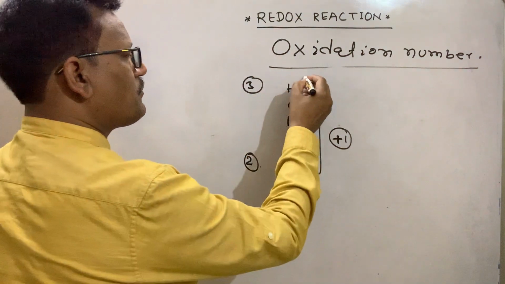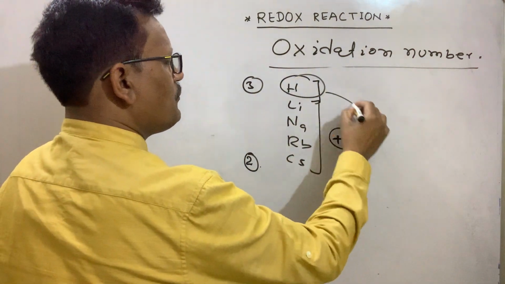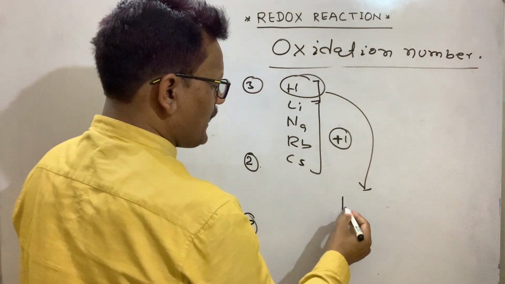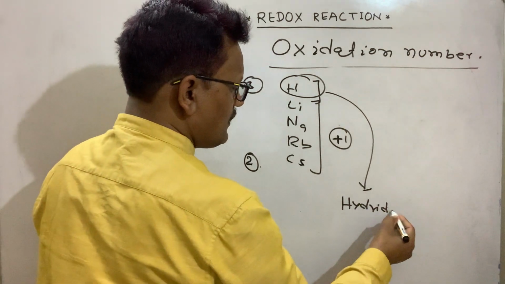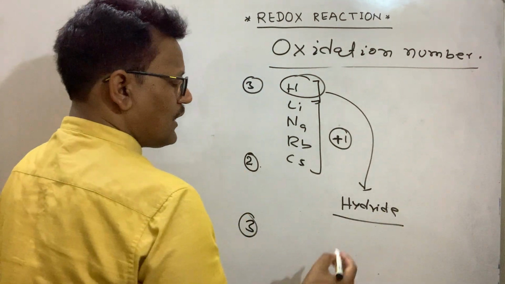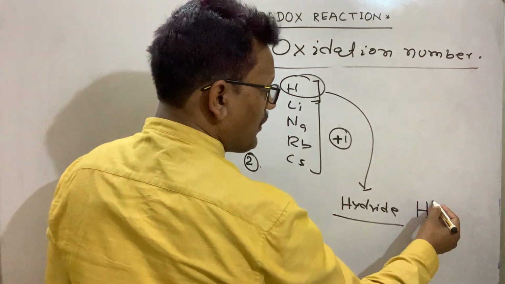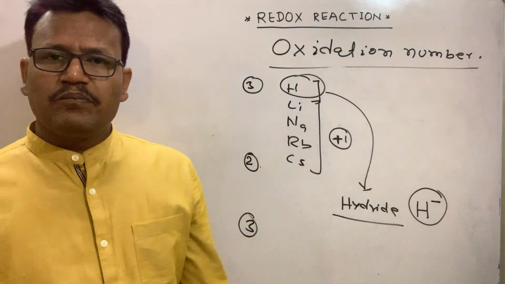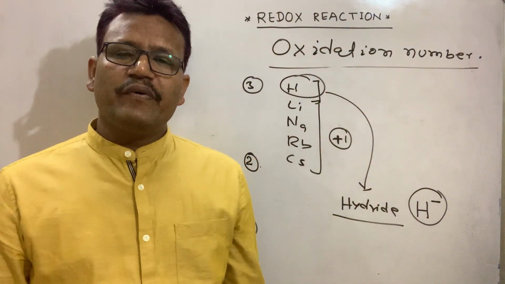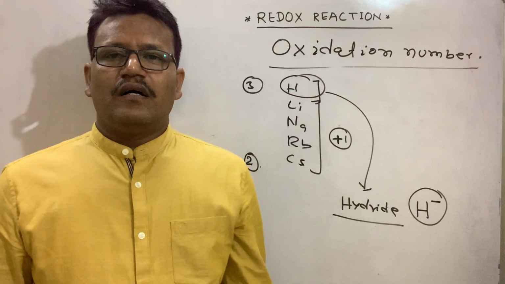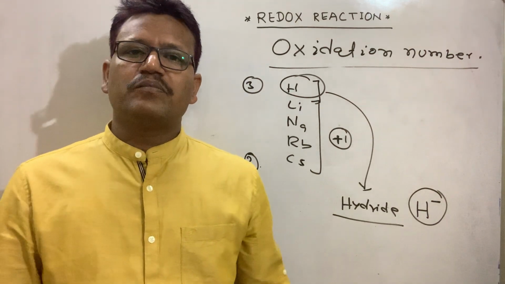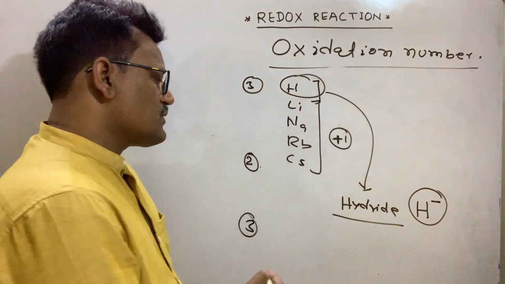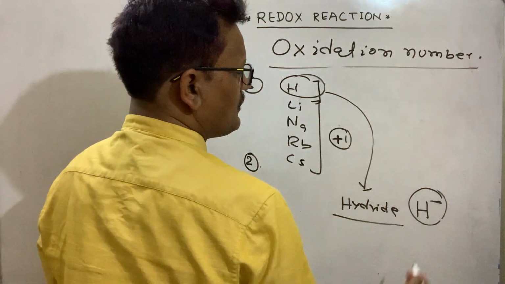But in case of hydrogen, we have one exception. We have one exception called hydride. In case of hydride, hydrogen has -1 oxidation state. So if hydrogen is bonded to a very reactive metal, that is, a combination between metal and hydrogen forms a metal hydride, and in case of metal hydride, the oxidation number of hydrogen will be -1.